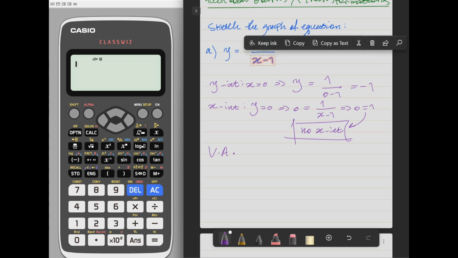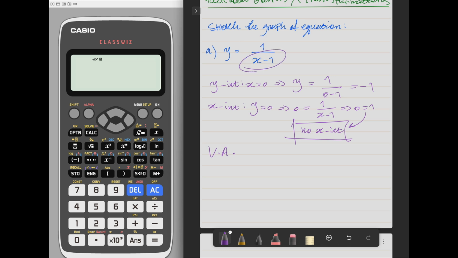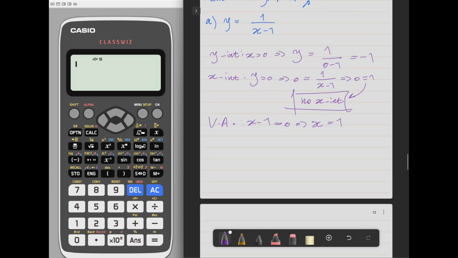If it is equal to 0, then it is undefined. So we have our asymptote. So x minus 1 here is going to be equal to 0. So x is equal to 1. Not the best one, but a good one. So this is the equation of my vertical asymptote.